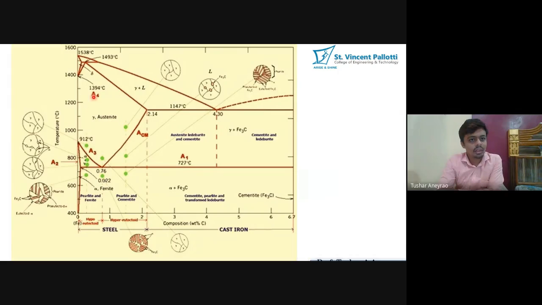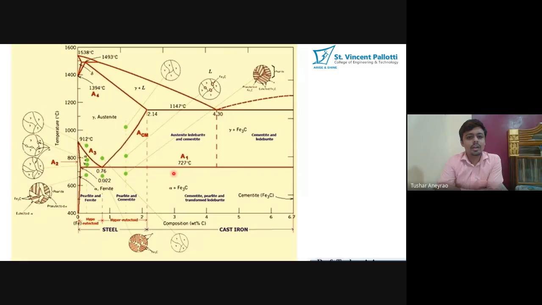Then in this uppermost part, the delta phase is stable from around 1538 degrees centigrade up to 1400 degrees centigrade. Then austenite is here.